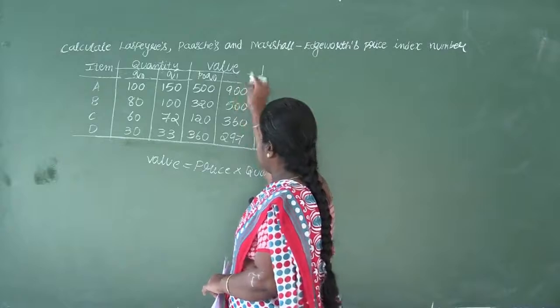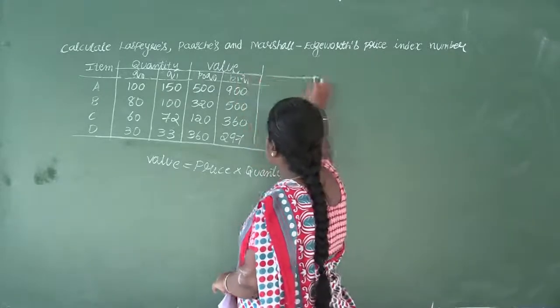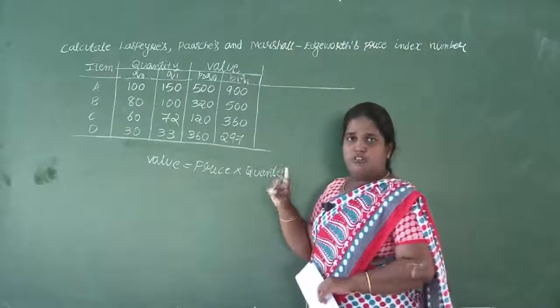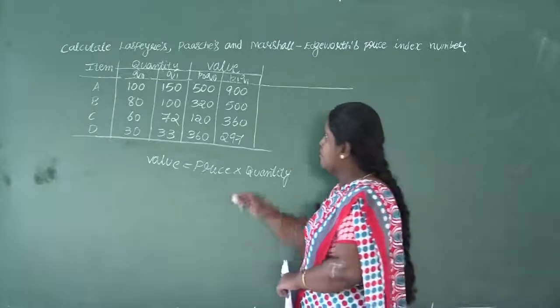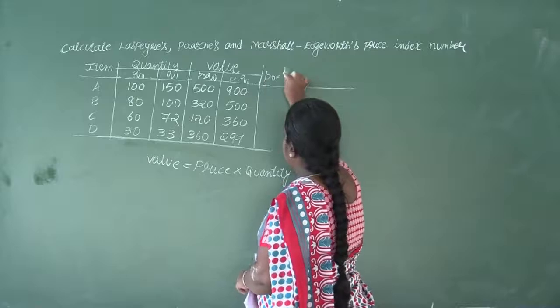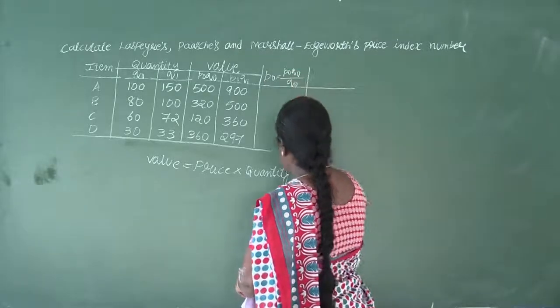Similarly, 1996 value is P1 Q1. So here we need to find out P0 and P1 so that we can find out the totals of P0 Q1 and P1 Q0. So P0 will be P0 Q0 divided by Q0.